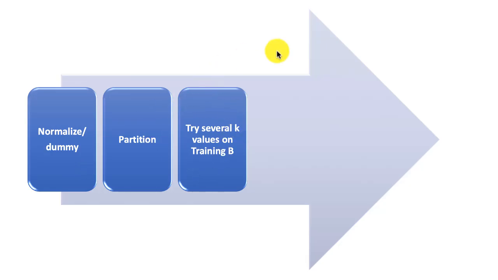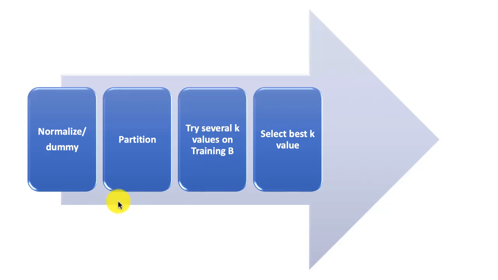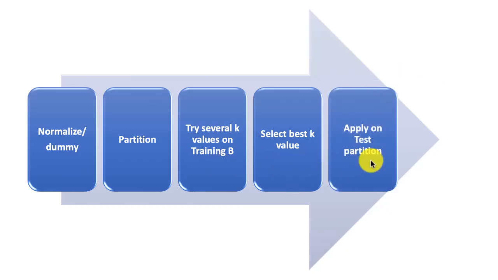And then try several k values on training B. First, you choose a value of k, and then for every row of training B, generate the predictions based on its k nearest neighbors in training A. Then generate the error matrix for every value of k, and select the best k value, then apply that best k value on the test partition. If you like it, then deploy the model. And the model, as we've already said, is the value of k plus the training A partition that was used to build the model.